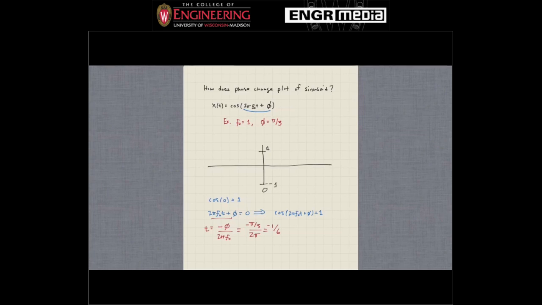So I come back up here, and since we haven't really labeled these axes, I'll just mark this point as minus 1 over 6. I know that cosine will hit a maximum there. And I also know the period: since f naught equals 1, t naught equals 1 over f naught, which equals 1.